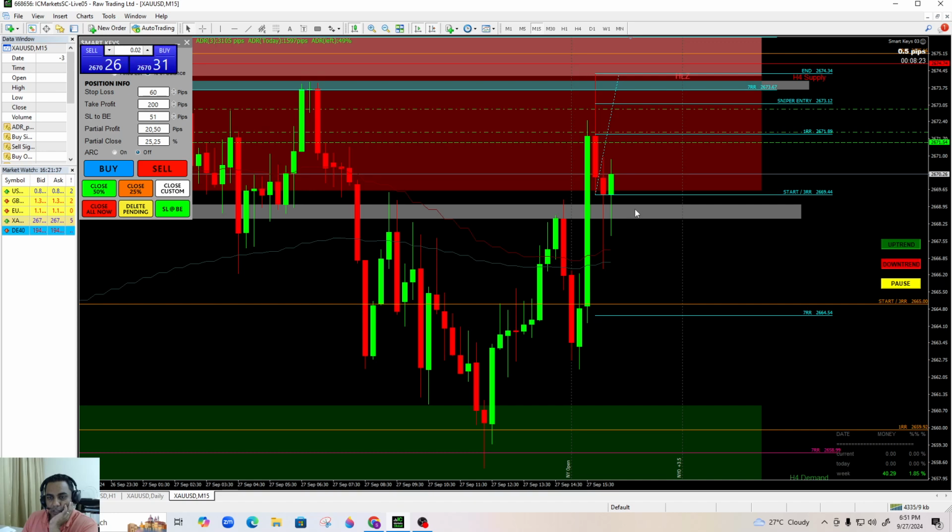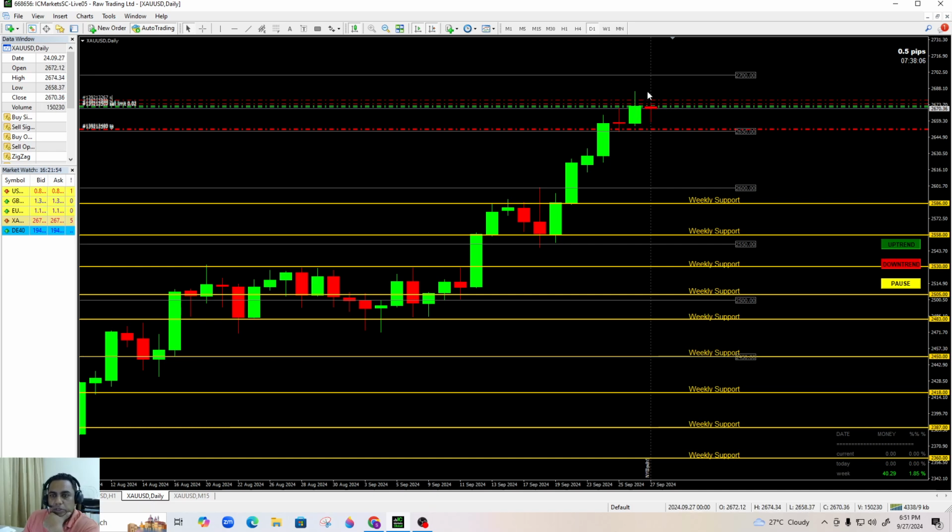So I would want to see an M15 candle close below this to continue down. Yeah, price has done about 159 pips today. That's it. It's not done a lot. It's just done about 159, 160 pips.